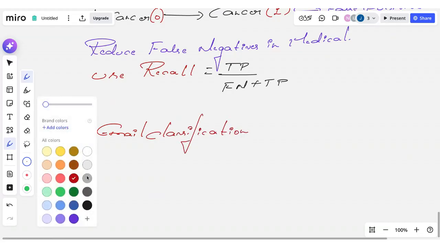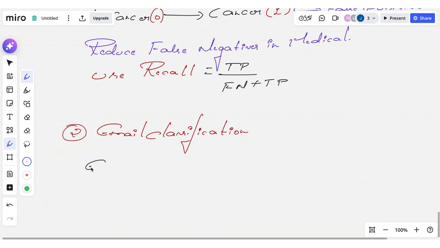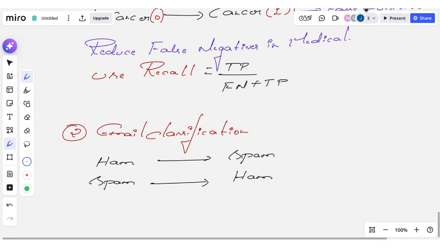When I say email classification, let's say you have an email that needs to be classified as a good email. We call it ham, and there will be spam. So tell me, if a good email is classified as spam, or if a spam email is classified as ham, which is more dangerous?